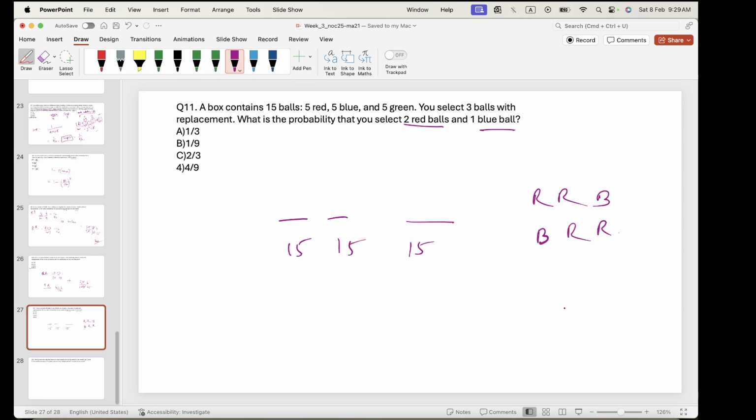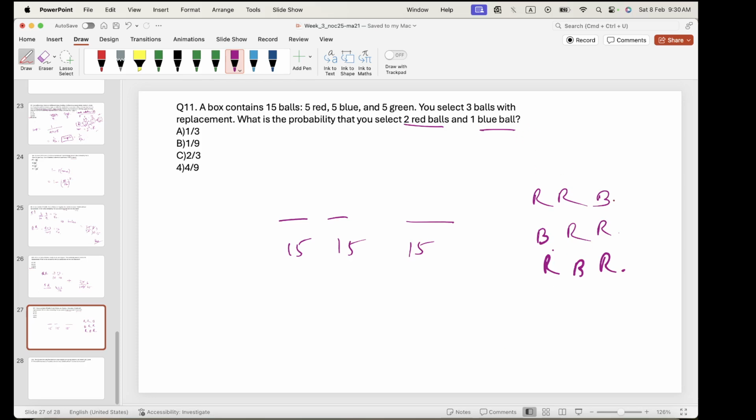Only one red, only one blue. These are indistinguishable.